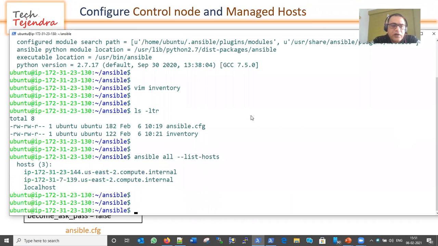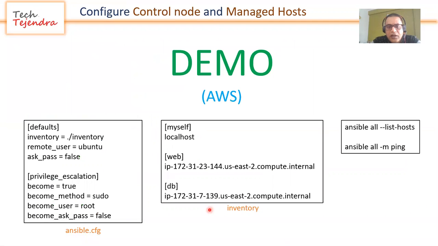It is currently showing three hosts: the first two are our AWS managed hosts, and the last one is the localhost, as we configured.